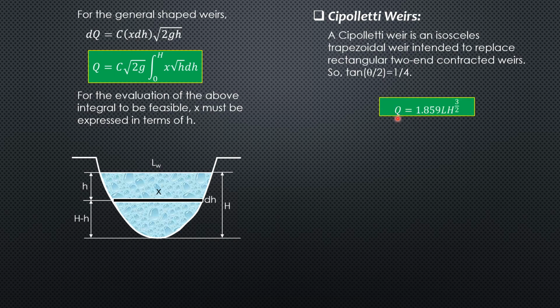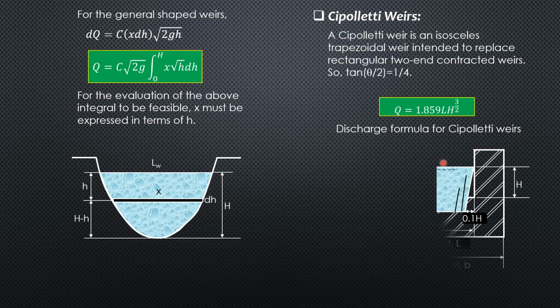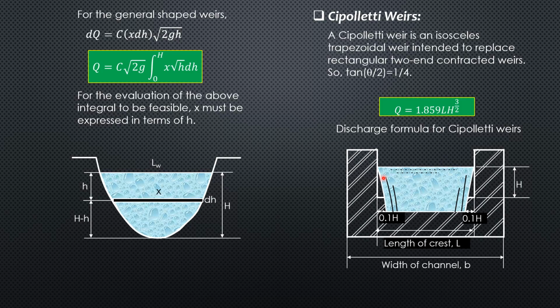And the direct formula for the Cipolletti weir is 1.859 LH to the 3/2, where L is the length of the crest of the Cipolletti weir. And this is what I told you, that for two-end contracted weirs, this becomes the sloping side of the trapezoid. Can you see this isosceles trapezoidal weir?